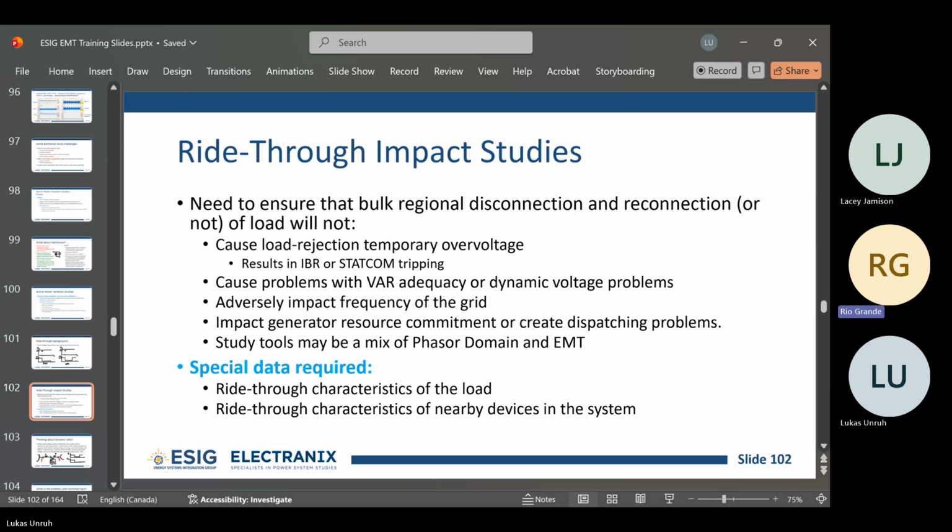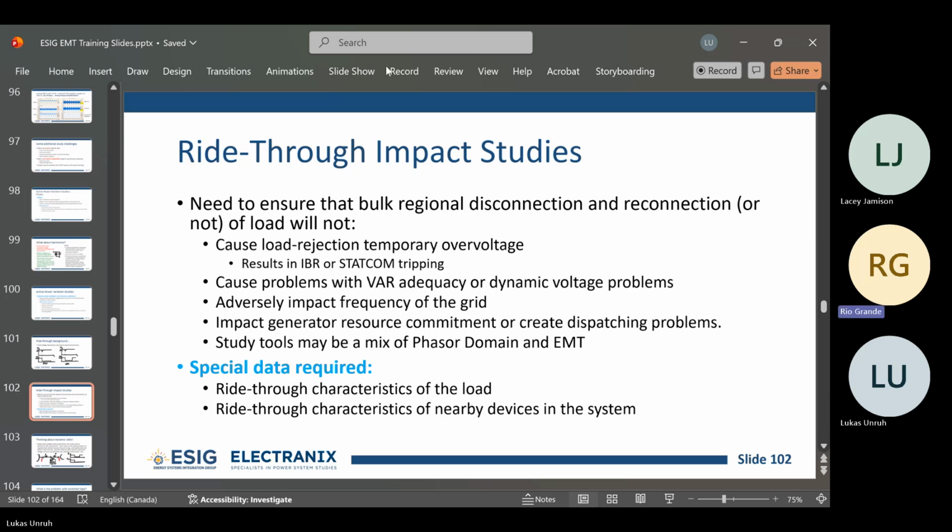It might cause problems with VAR adequacy or dynamic voltage problems, and it might have an impact on the frequency of the grid, depending on what sort of system you're in. For smaller inertia systems, having a big data center could disconnect very, very quickly. Will definitely cause an over frequency that might be problematic.